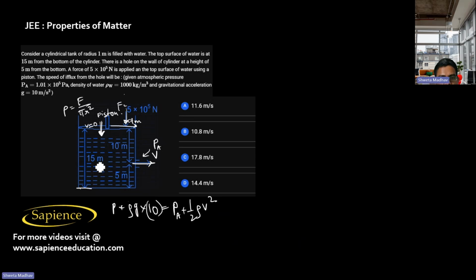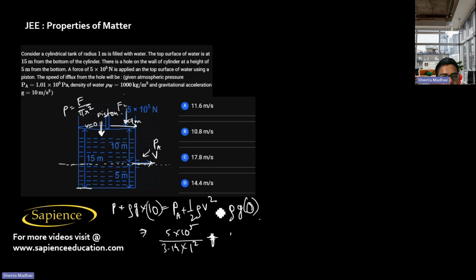plus rho GH. But here if we take the zero level of gravitational potential, the ground level, if I take it here, then this will become 0. Rho GH will be 0, H height will be 0. So then this will be pressure, that is 5 into 10 power 5 divided by 3.14 r square, r square is 1 square, plus rho GH.